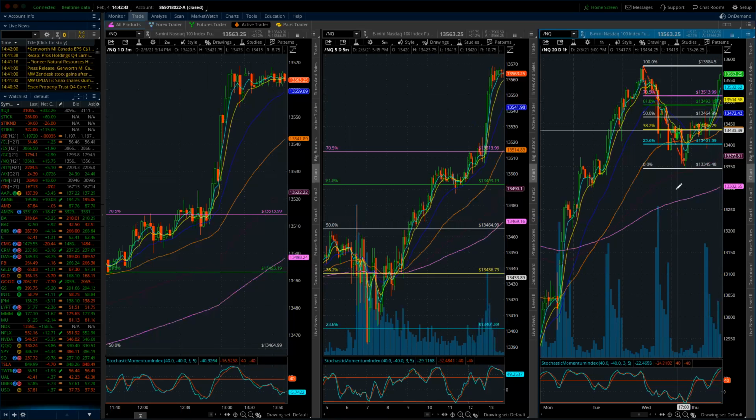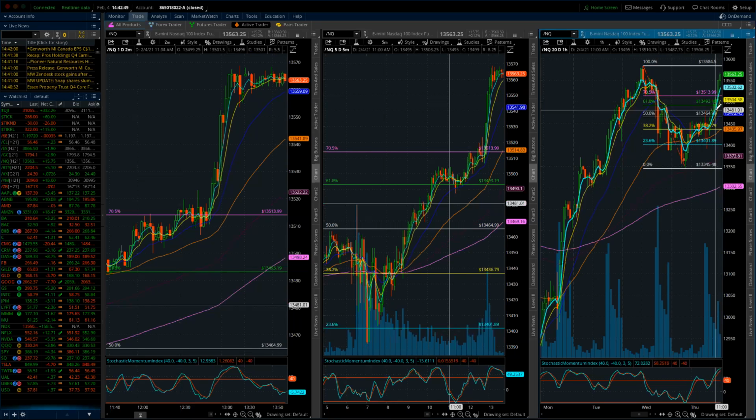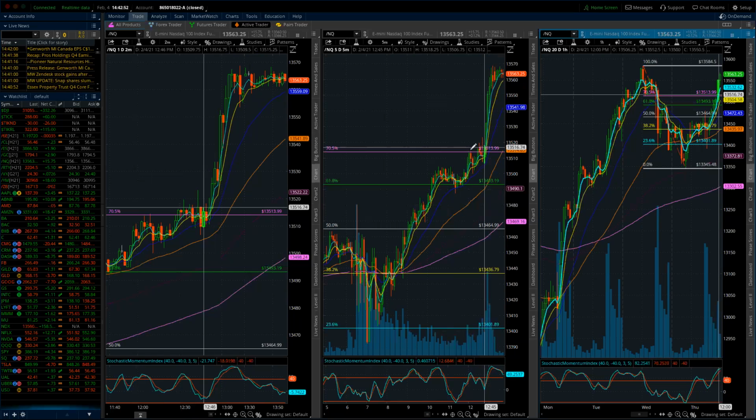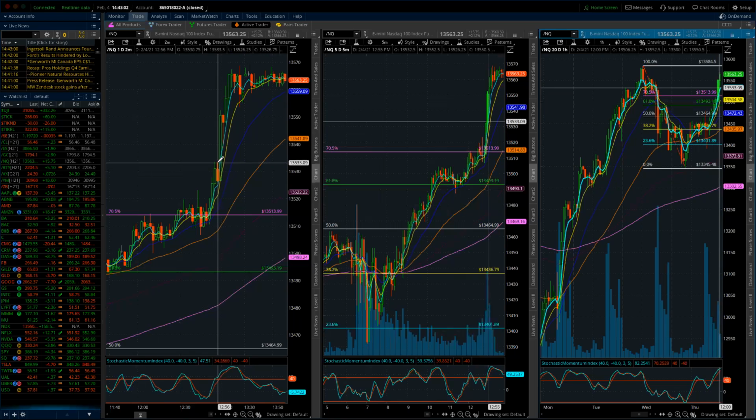Look how beautiful these things are lined up. So when you see this on your hourly chart, and you see it on your 5-minute chart, and you see it on your 2-minute chart, from here, that's where you got in. 13,525, 526. You got in. And maybe you would have waited till it broke above that level. Still okay with me.